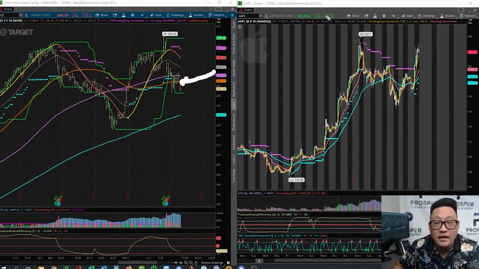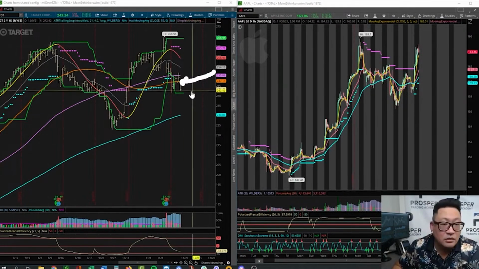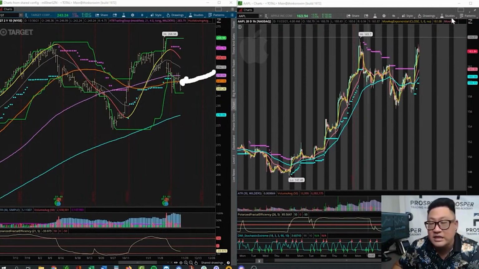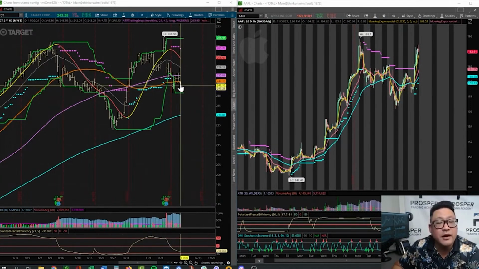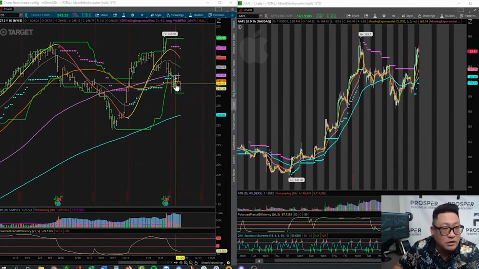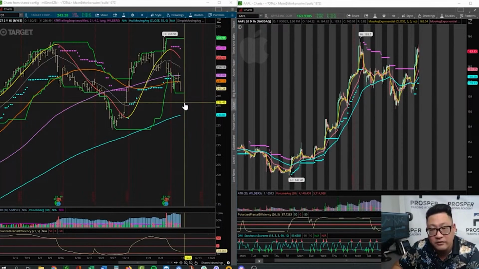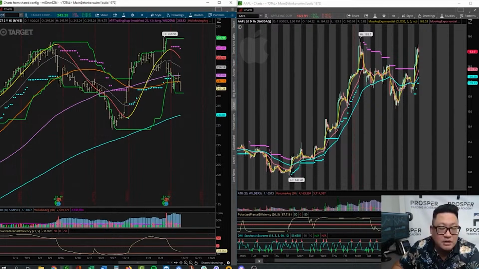The high of the day in Target today was right around $246 to $247. We're trading at $243 right now, so it's already gotten knocked back nearly $4 off of that price level. That's an important aspect, because if we could recognize where support and resistance comes into play, again, we can manage through.